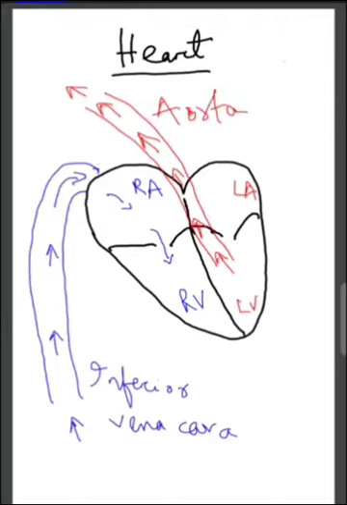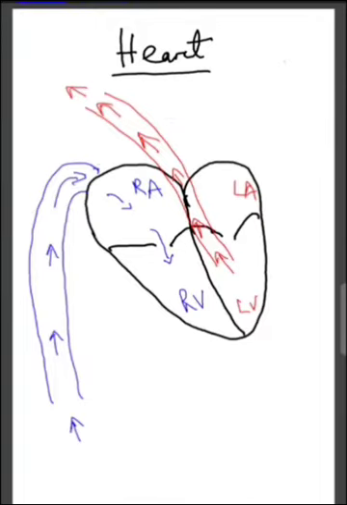Now this deoxygenated blood needs to be oxygenated, so the blood from the right ventricle will go to the lungs. There is an artery called the pulmonary artery.